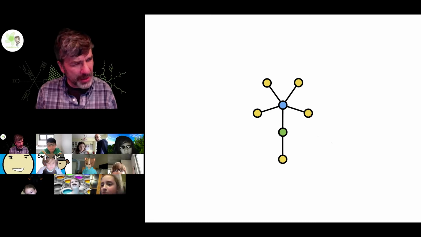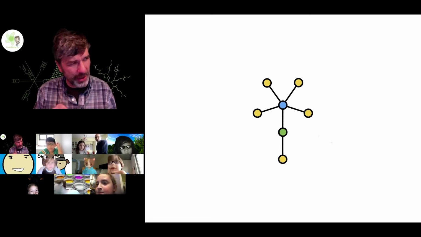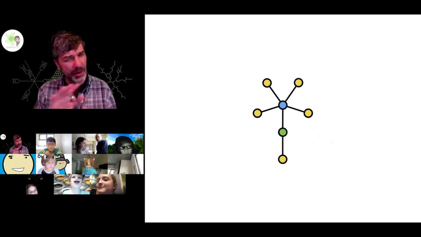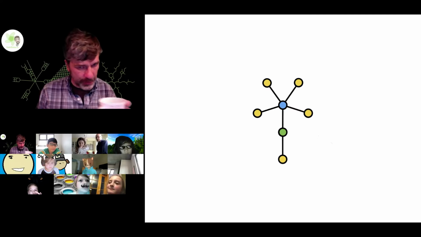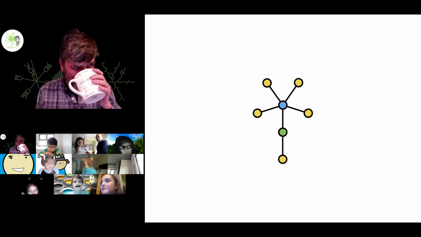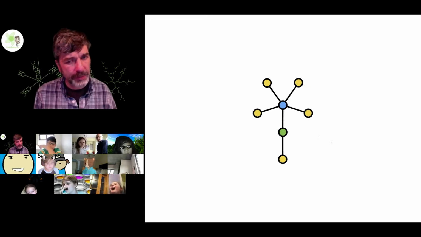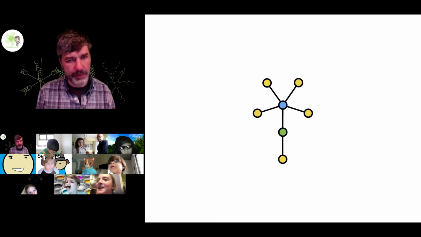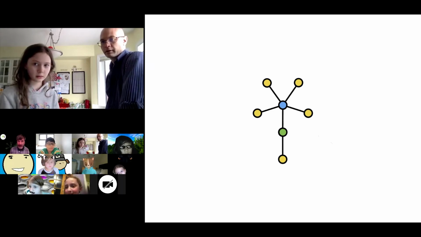The same with this, Amelia, or is this one different from the other 4? Can I color that one yellow, that one at the bottom, or is it different somehow? What do you think? Well, it's not connected to the blue dot directly. Yeah, exactly right.